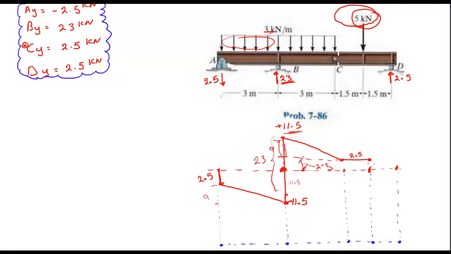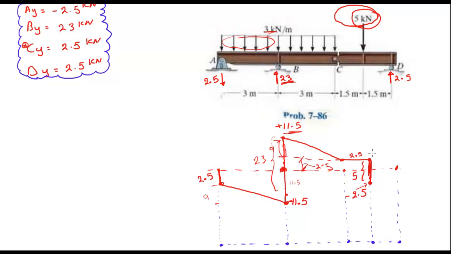So I'm going to drop 5. It's 2.5 and another 2.5, so the total drop here is 5. So what is this point? I was at positive 2.5. I dropped to negative 2.5 exactly.